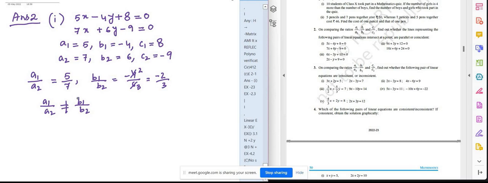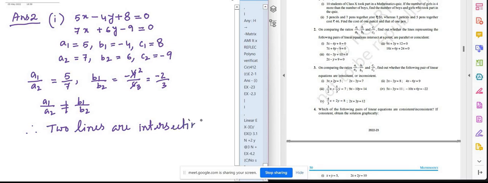If A1 by A2 not equals to B1 by B2, clearly we can say two lines are intersecting lines. So therefore, two lines are intersecting lines. So write down.